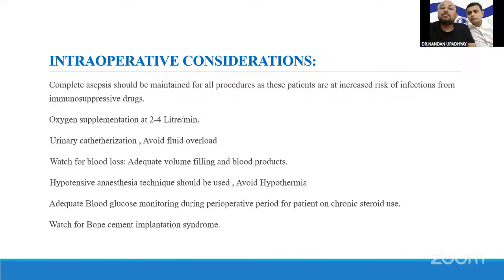Then what is bone cement implantation syndrome? Sir, bone cement implantation syndrome occurs due to the cement material. It is a PMMA material which is used, which is polymethyl methacrylate. Whenever this material is used, it undergoes an exothermic reaction and produces very high temperature, and the intramedullary pressure also rises along with the temperature.